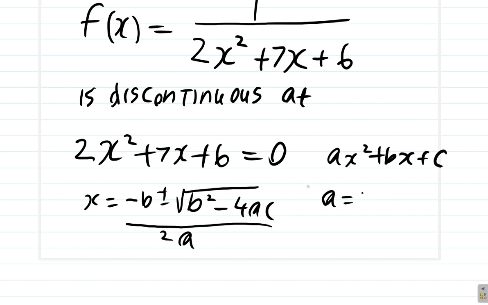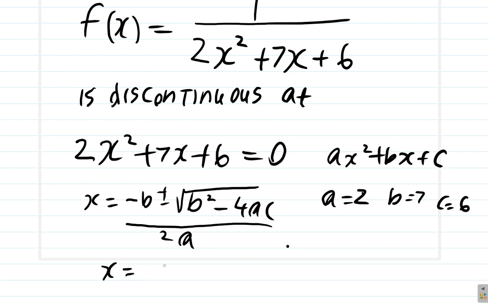And by the way, if this was a multiple choice question, you could substitute the values of x that you see there in a and c, and see if it causes the equation to become 0. If it doesn't work, then try b, then c, d, and so on. But anyway, a is 2, b is 7, c is 6.